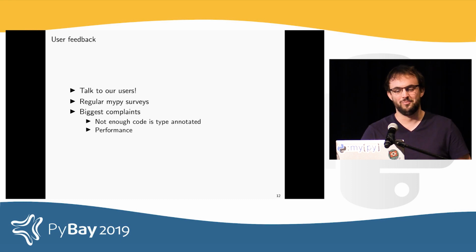Which, okay, but that's rare. The biggest complaints we get are that not enough code here is type annotated, we would like more code to be annotated, and performance. We wish mypy was faster so we could run it more, or at least not need to wait for it when we're trying to land code.